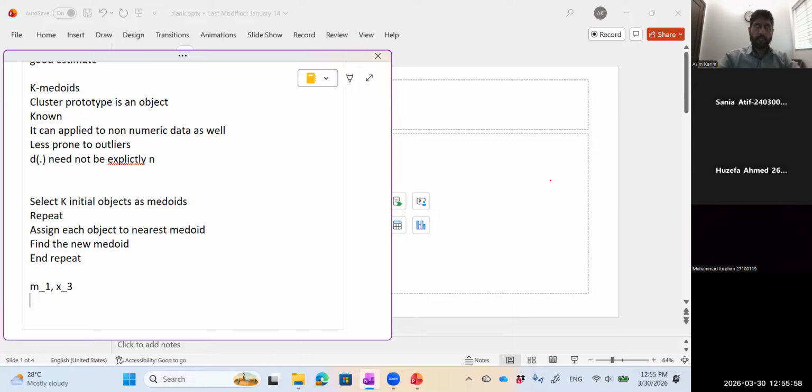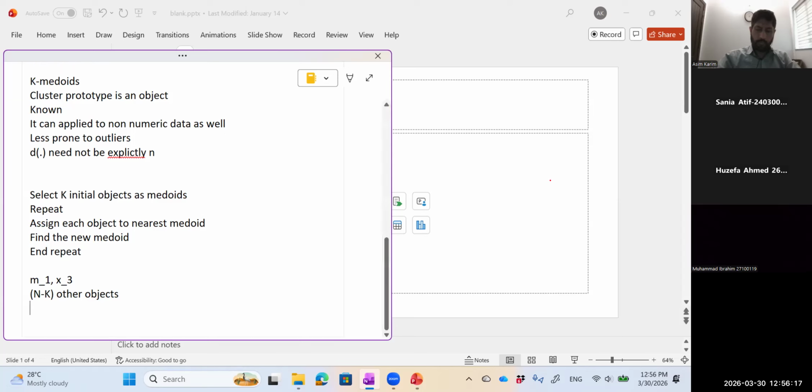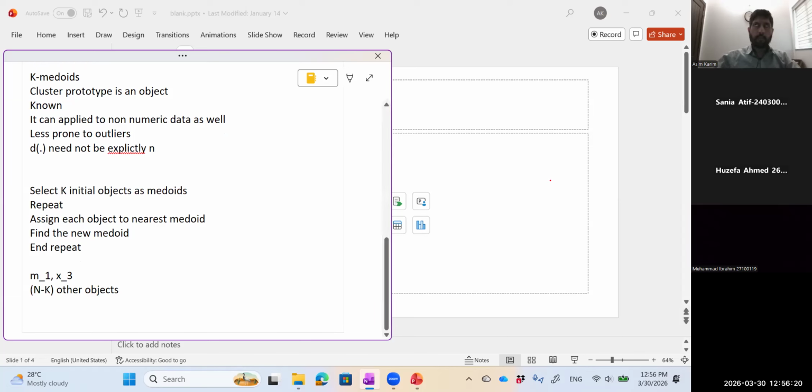So in other words, you have to check n minus k other objects, replace it with x3 and see if the cost error decreases or not. ठीक है?